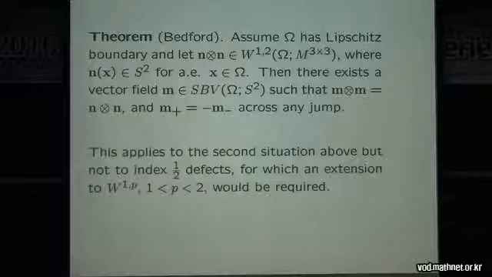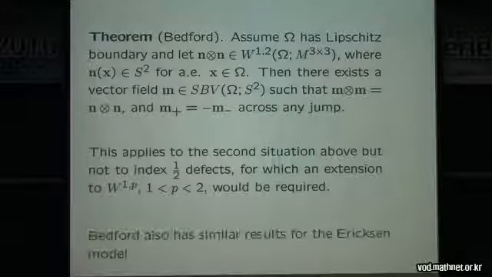So this applies to the second situation, being outside a cylinder, but not to index 1/2 defects, for which you'd have to extend this to W^{1,p} for p less than 2. And he has similar results for the Ericksen model.